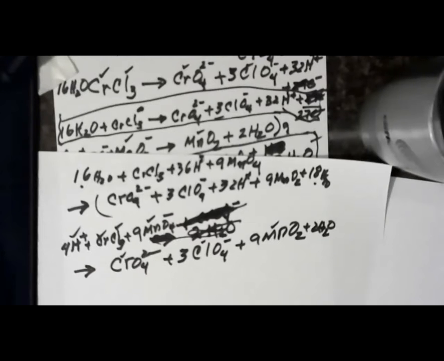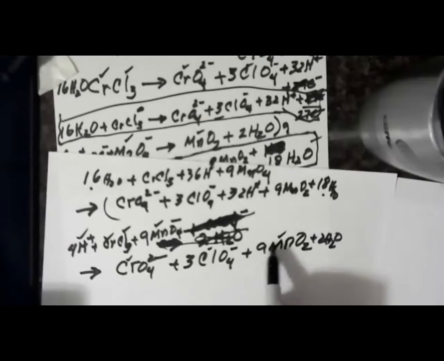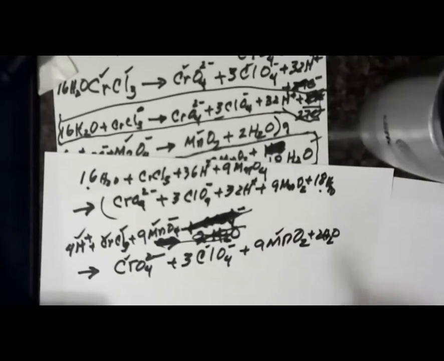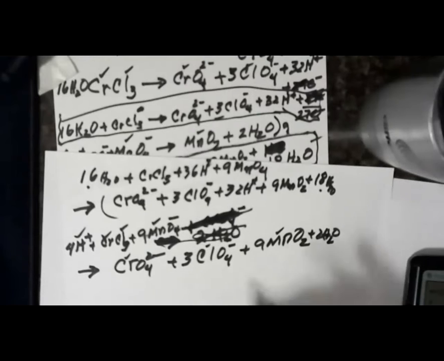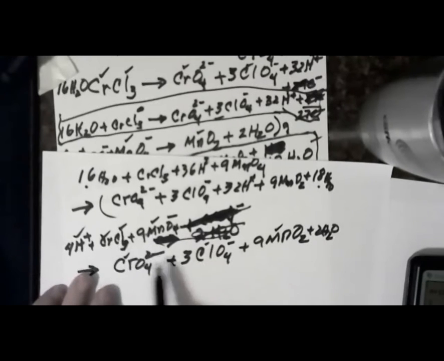So let's see, did I get them right? 4 and 12 and 18 and 2. So 4 plus 12 plus 18 plus 2 is 36, and that's what I have. So this looks like it balances.